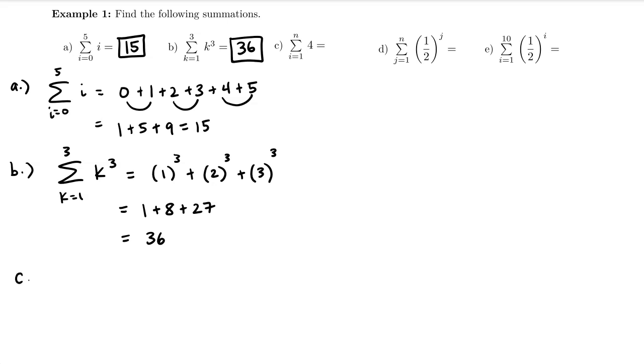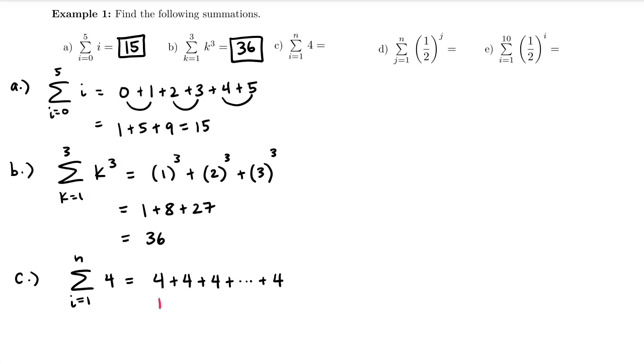For part C, we have the summation from i equals 1 to n of 4. Notice that this does not have a variable in it. It's a constant, just 4, and our index is going to change from 1 to 2 to 3 all the way up to n, but the thing that we're adding stays constant. So my first term is 4, my next term is 4, my next term is 4, and this continues until I add 4 one final time.